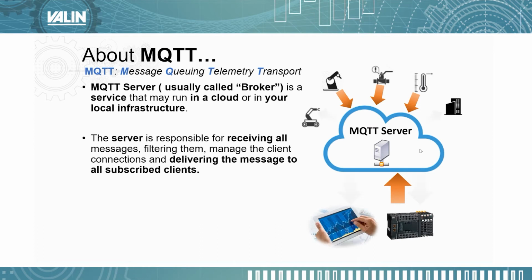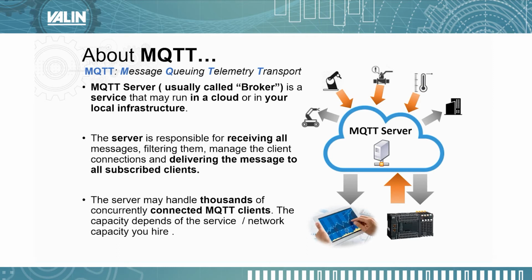Then clients that want to subscribe to the topics receive those messages based on an event or based on a time. The server can handle thousands of concurrently connected MQTT clients. And of course, the capacity depends on the service or the network capacity itself.